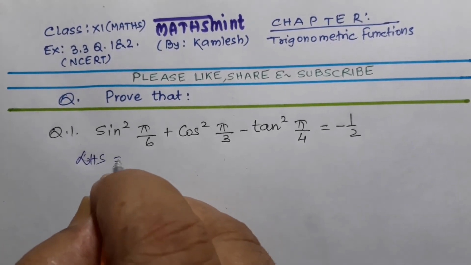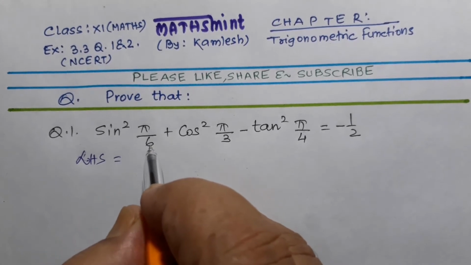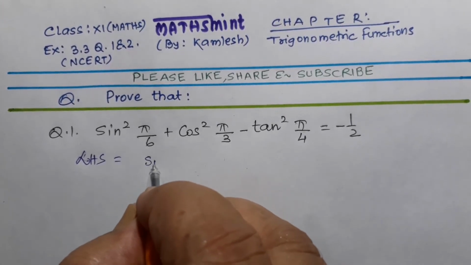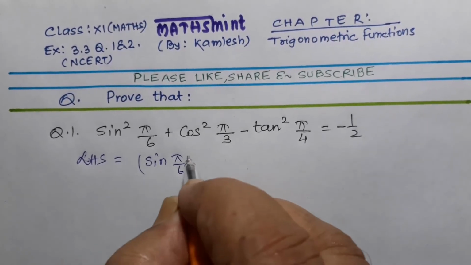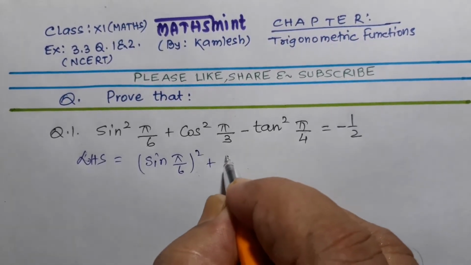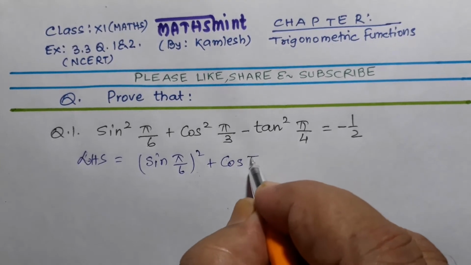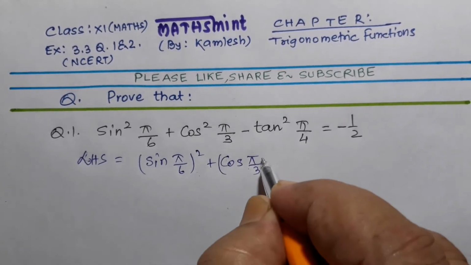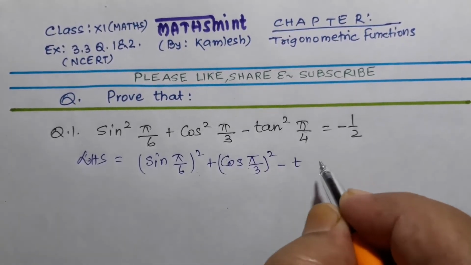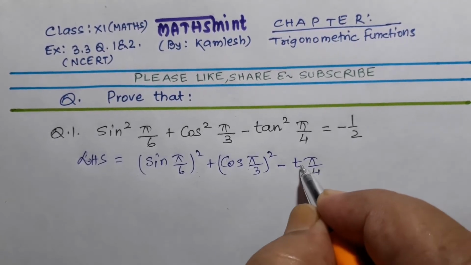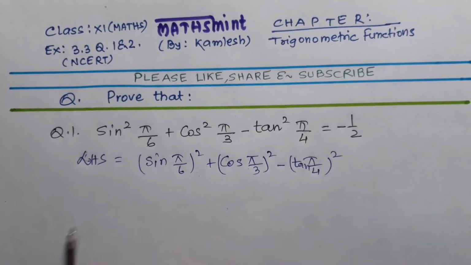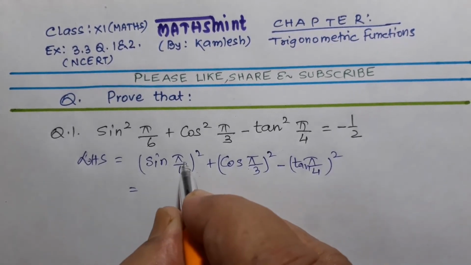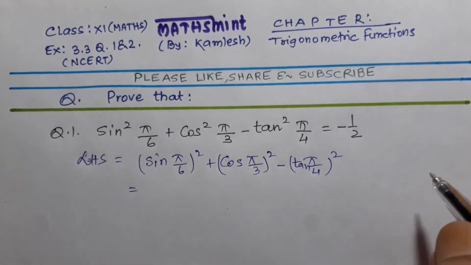LHS will be this: sine square pi by 6 can be written as sine pi by 6 whole square plus cos pi by 3 whole square minus tan pi by 4 whole square. Okay, so sine pi by 6, pi by 6 means what?